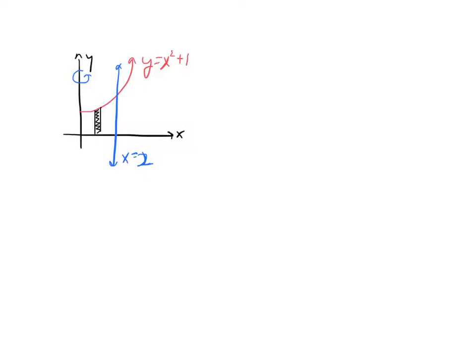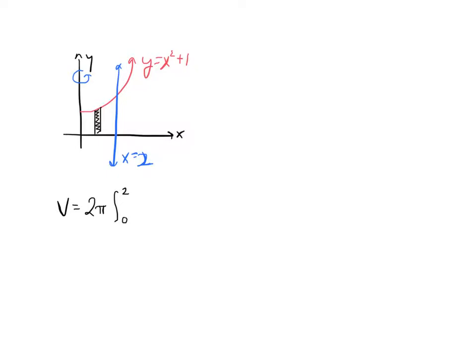And the way shells work is our coefficient is 2 pi instead of pi. We go from 0 to 2 on the x-axis, 0 to 2.